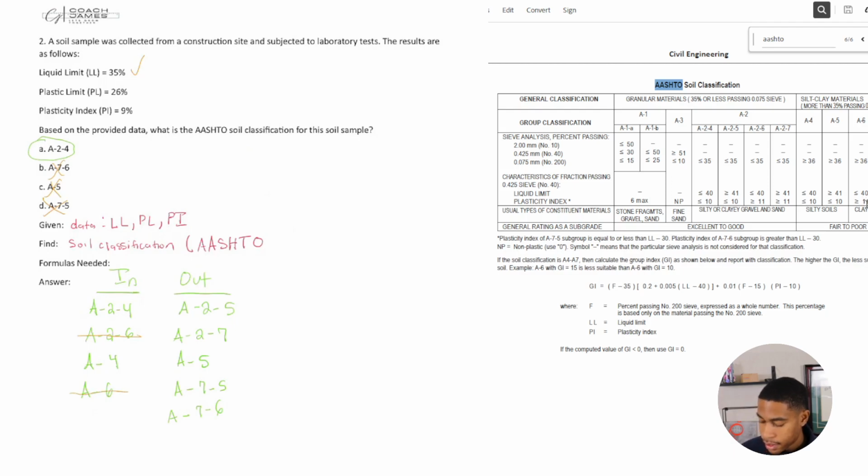So really, it would have been between A-2-4 and A-4, but the only answer choice you had was A-2-4. So hopefully that made some sense, but just going through eliminating the answers that don't make sense, using the information that you have, is going to be really helpful.